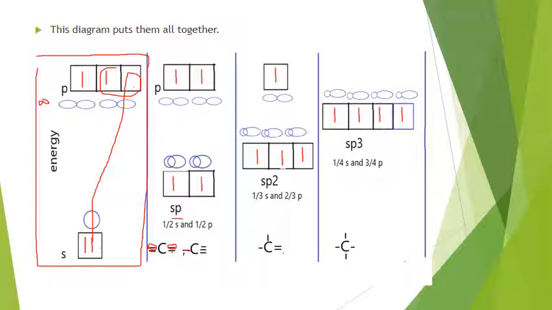This can form 3 sigmas from the sp2 hybrids and 1 pi bond. And this is that case, okay? 1 sigma, 2 sigma, 3 sigmas, and this guy's a pi. Each one of these sigmas is from sp2.